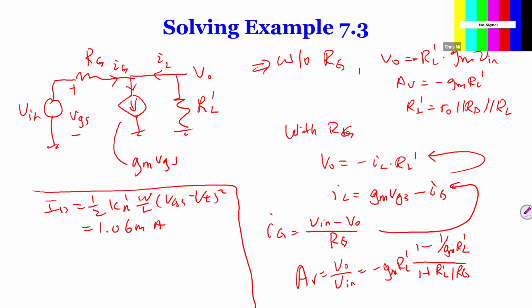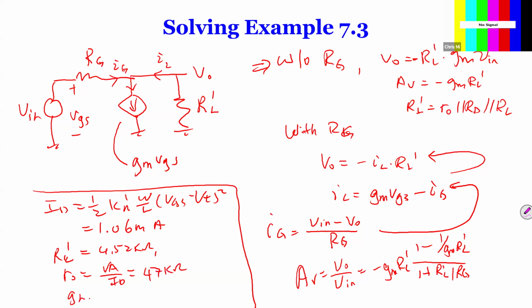Okay, and what else? So I found RL prime equal to 4.52 kilo ohms. And here you have to find this RO first. So RO is going to be VA over ID. That gives you 47 kilo ohms.